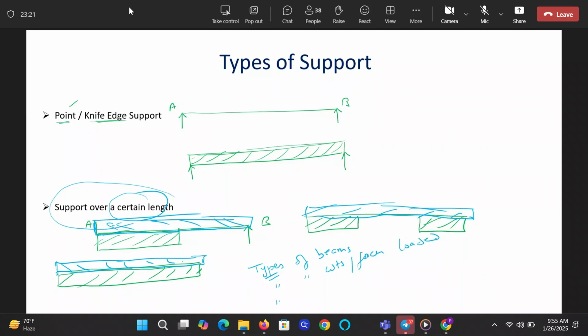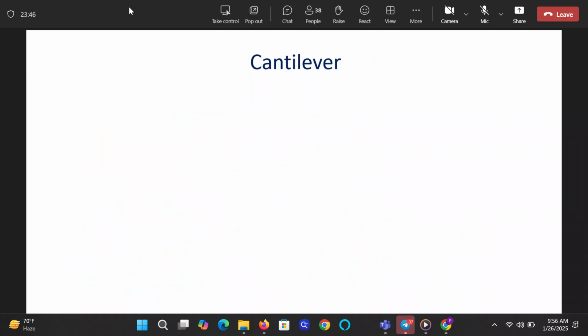And we have also learned some terms to describe the type of support that the beam may experience. I have also described how we'll represent it. Is it clear to everybody, guys? Yes, sir. Okay, good. So we move on with the next part of it.